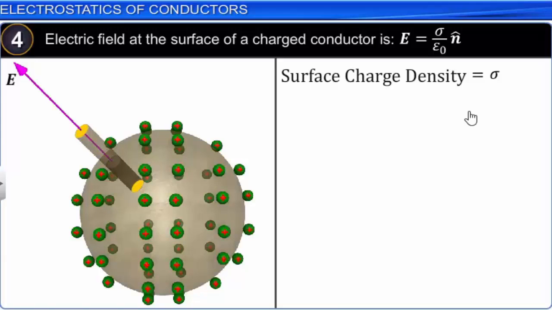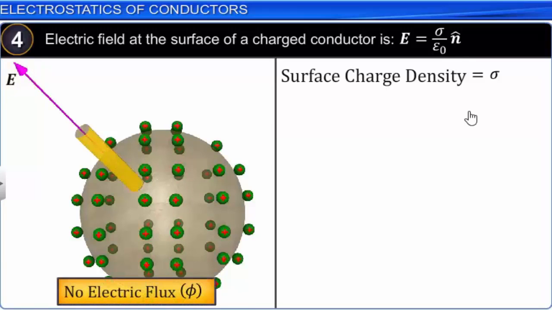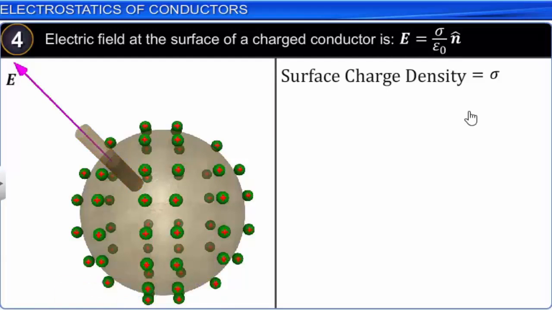Since the electric field strength at any point just outside the conductor is normal to its surface at that point, we do not have any electric flux through the curved surfaces of the Gaussian surface chosen. We also know that electric field strength E is equal to 0 for any point inside the conductor.